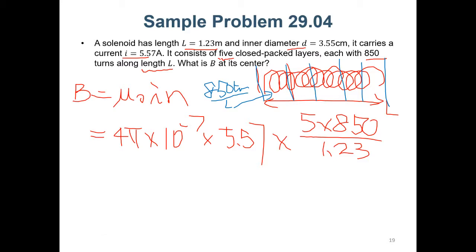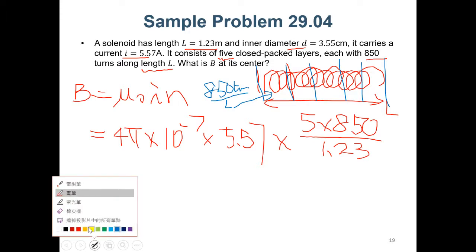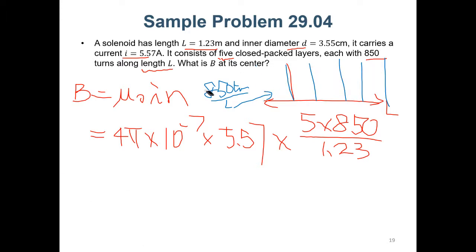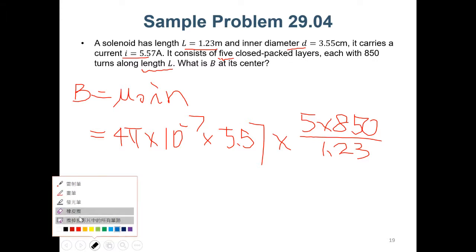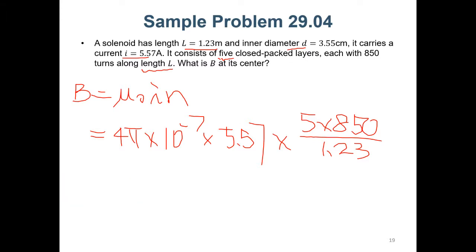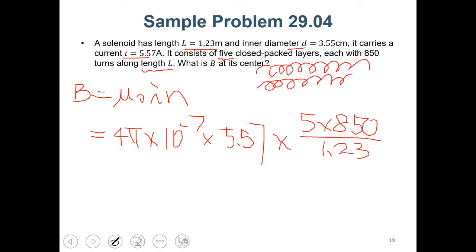No, it should not be like that. Oh, they are in parallel. It should be like that. It shouldn't be like that. It should be something like this. 1, 2, 3, 4, 5.